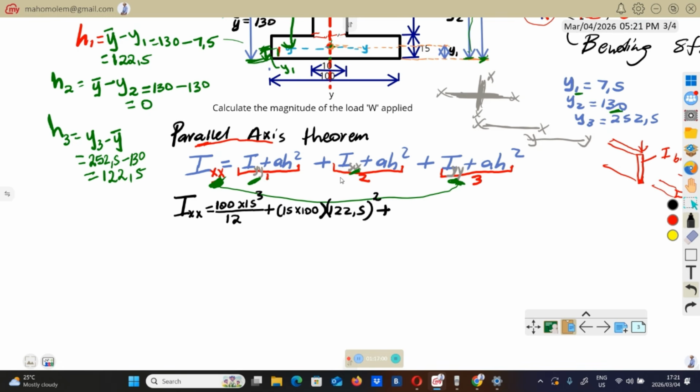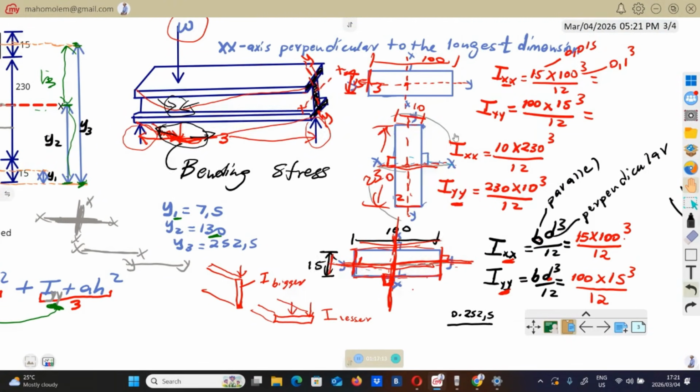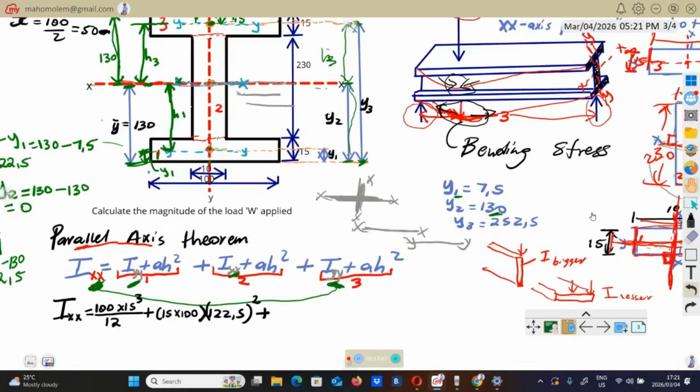Now we come to this box number 2. We'll go and check IXX. You know why we chose XX. So you come to number 2. Here we go. Box number 2 is this one and this one. So we check IXX. We're going to use this 10 multiplied by 230 raised to the power 3.